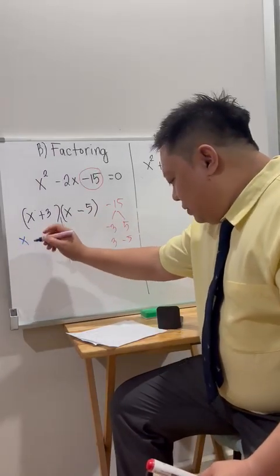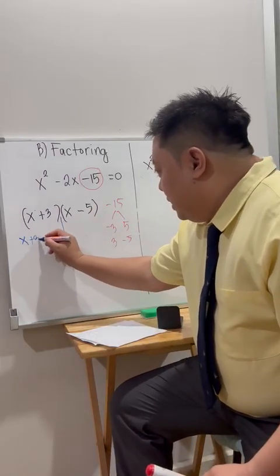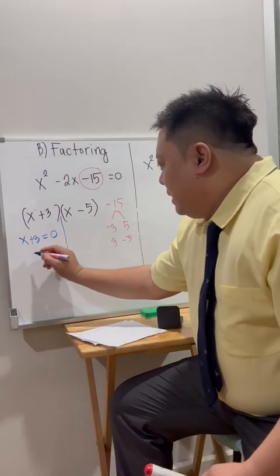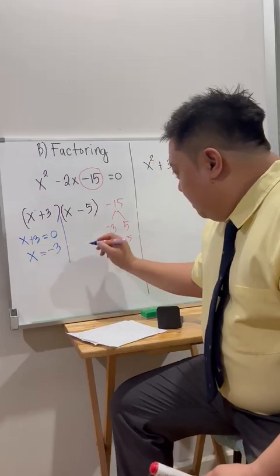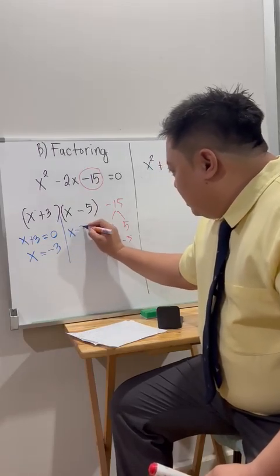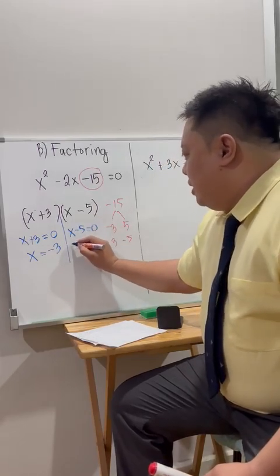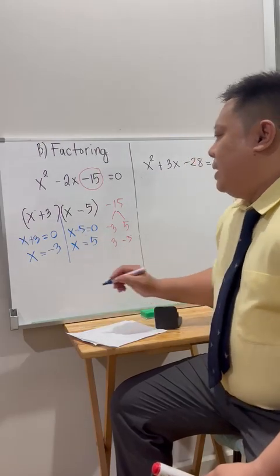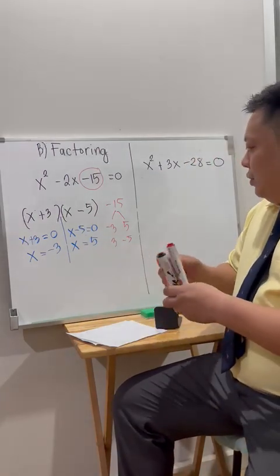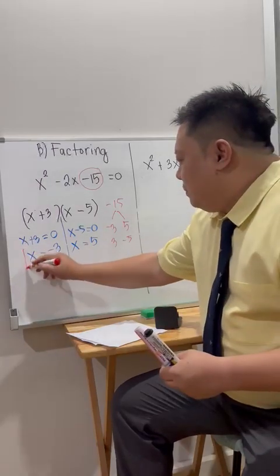So x plus 3 is equal to 0. Thus, we can get the first value of x as negative 3. X minus 5 is equal to 0. Thus, we get our second value of x, which is positive 5. So we have the two values of our x.